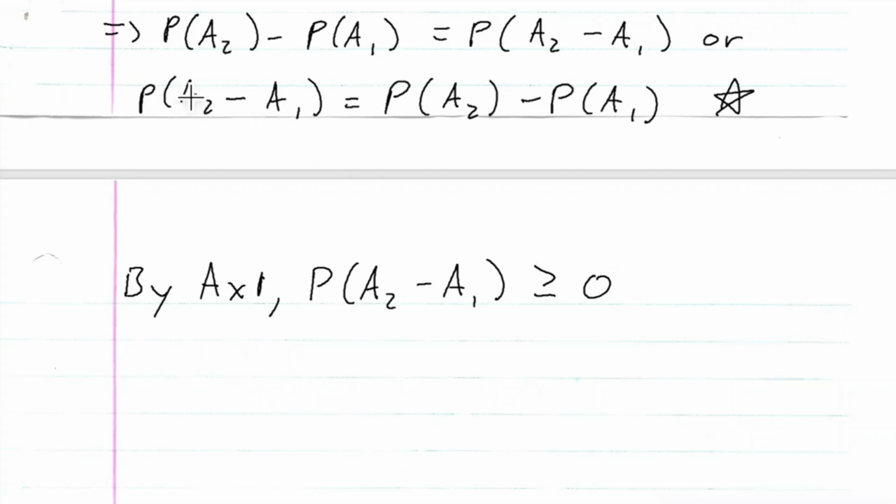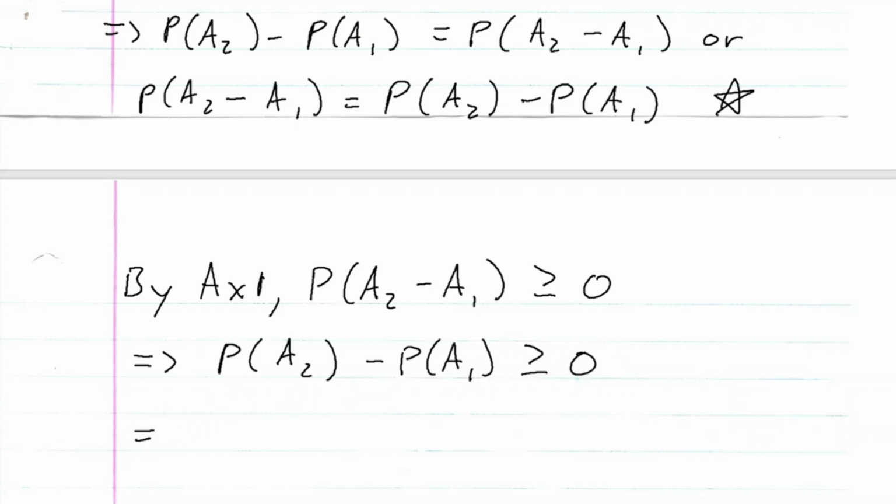Well, I know that the probability of A sub 2 minus A sub 1 is equal to this, so this implies that the probability of A sub 2 minus the probability of A sub 1 is bigger than or equal to 0.